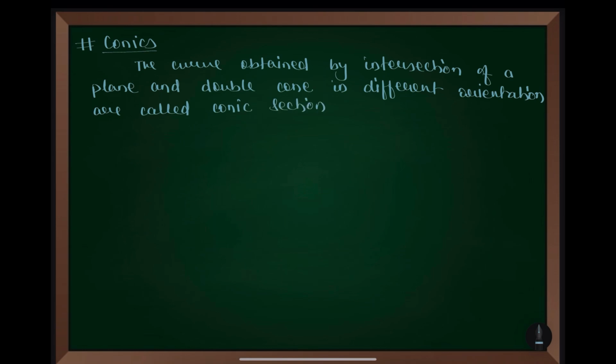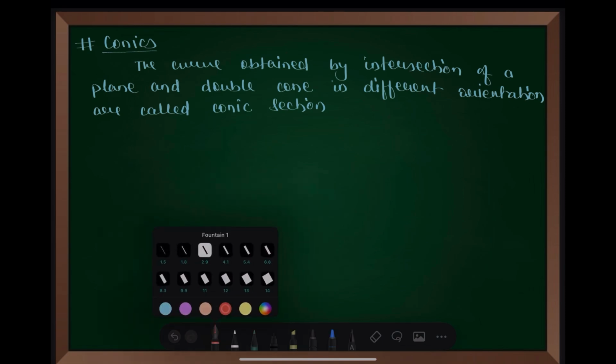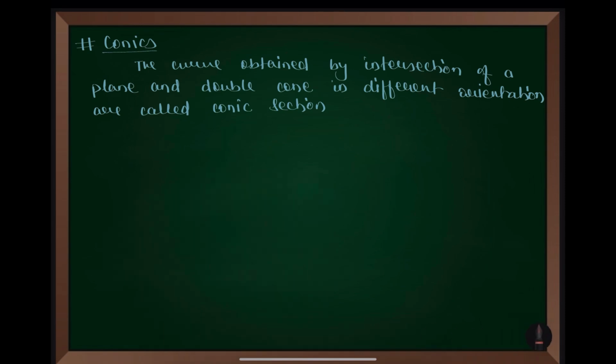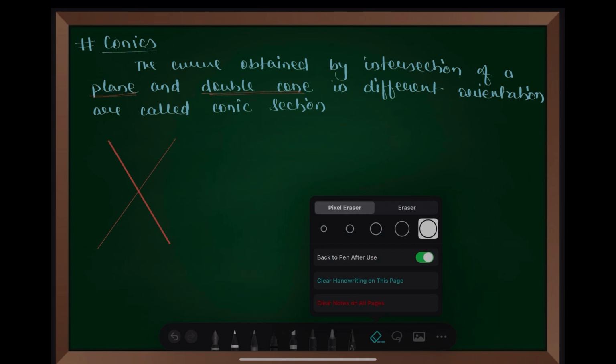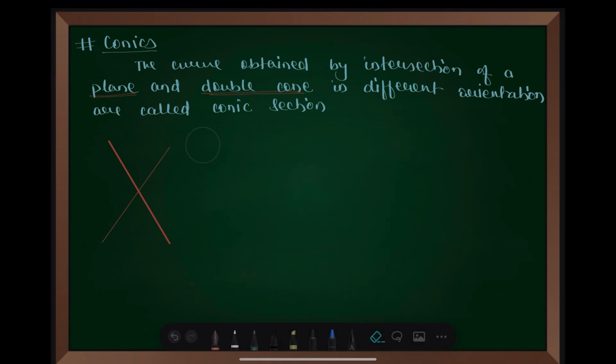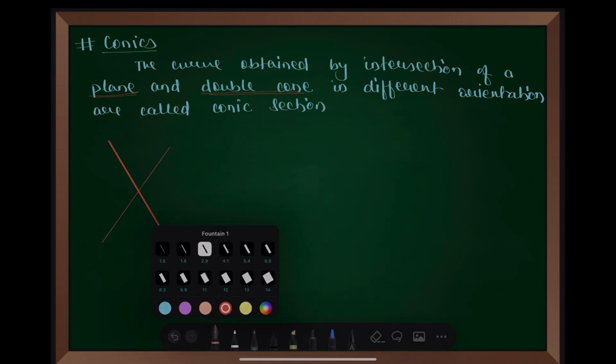Now try to understand what this means. In this part, they are talking about two things, a plane and a double cone. So let's try to draw the double cone first. Suppose that this is the double cone.